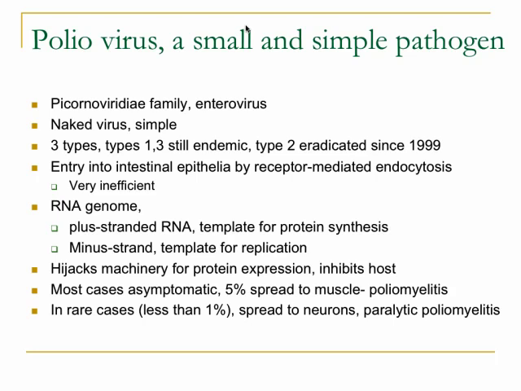But in very rare cases, less than 1 in 100, I think it's 1 in 200 of individuals who get infected with polio, it can spread to the neurons and cause permanent paralysis.